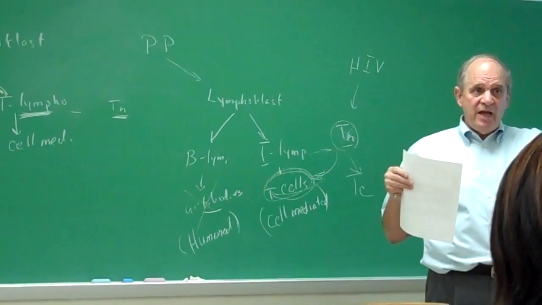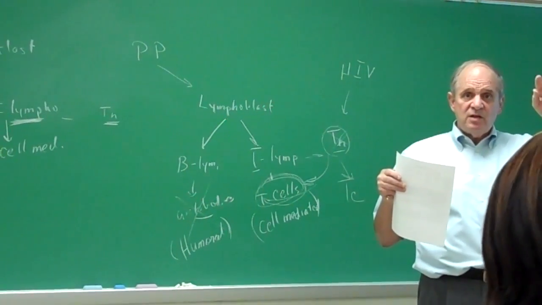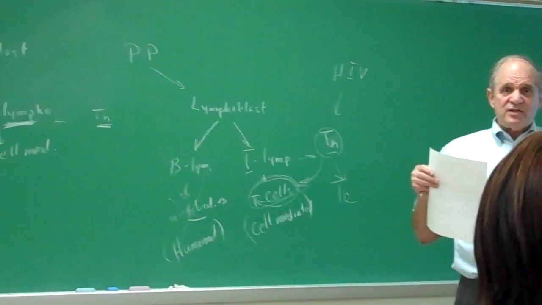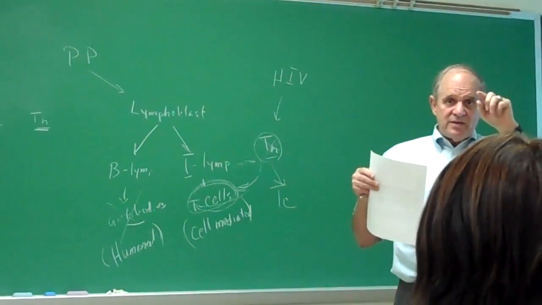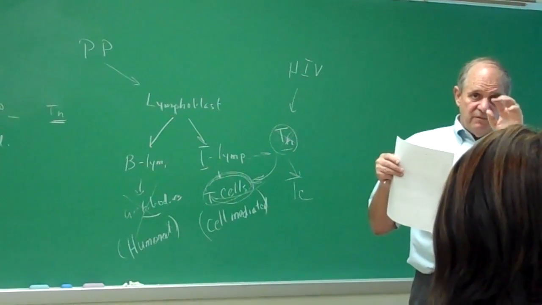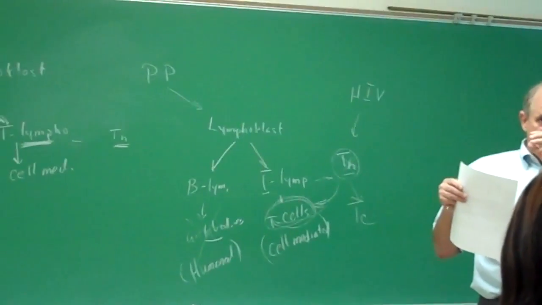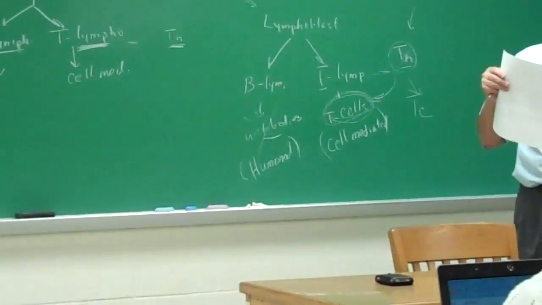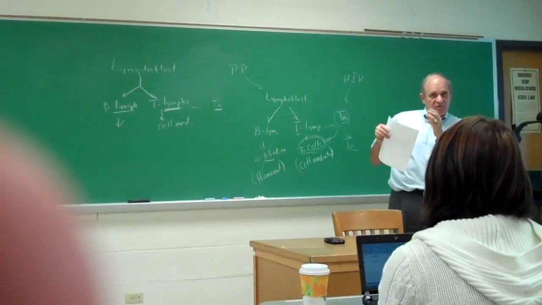Who's the big daddy of the stem cells? The pluripotent. It gives rise to lymphoblast, monoblast. The lymphoblast gives rise to the lymphocytes, the T lymphocytes and the B lymphocytes. The B lymphocytes are sometimes called the B cells. The B cells are responsible for antibodies.